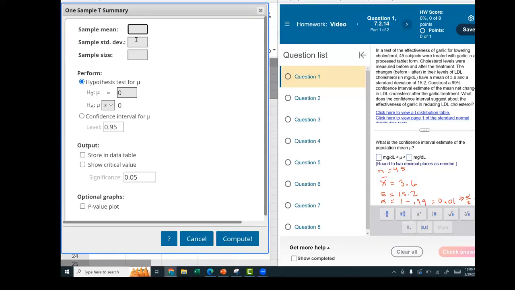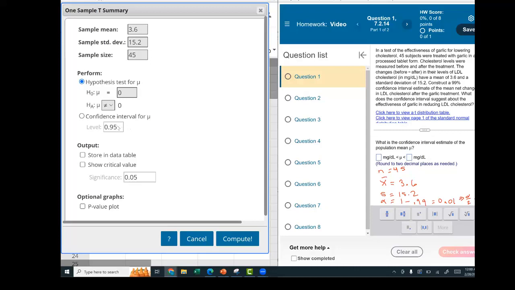So we have mean is 3.6, standard deviation 15.2, sample size was 45, confidence level is 99, right? Yes, 99.